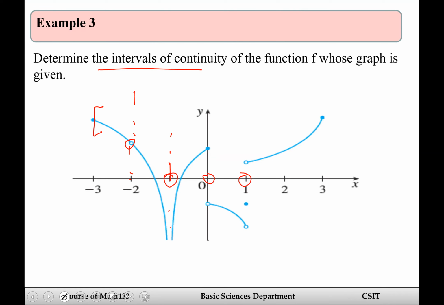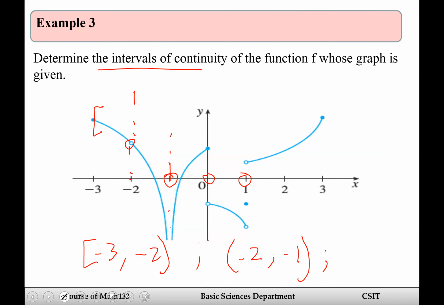So if we take the first interval, it will be [-3, -2), open. Okay, that's the first interval where the function is continuous at any point, including the continuity to the right for -3. Then the next one is (-2, -1), open.